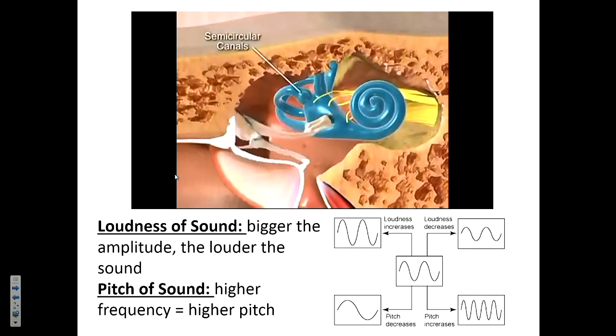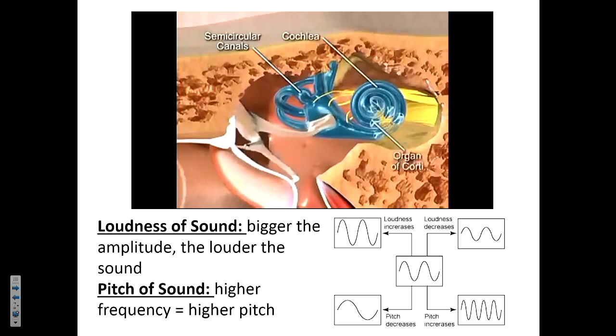The semicircular canals are fluid-filled bony loops that help maintain our body's balance. The cochlea is a fluid-filled, snail-shaped structure that houses the organ of Corti, the true organ of hearing. The fluid aids in the transmission of the vibrations. The organ of Corti changes the vibrations into nerve impulses that are picked up by the auditory nerve.